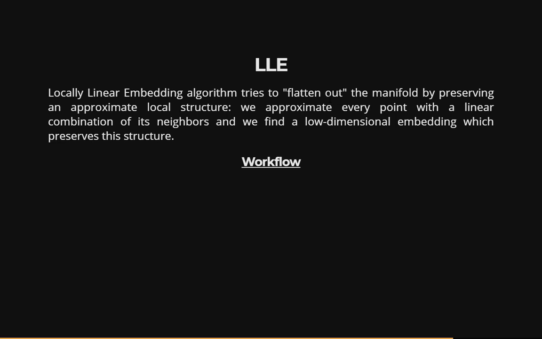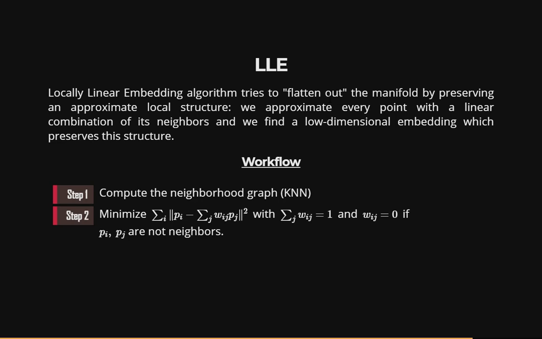So you do this. You compute the neighborhood graph, and you try to write every point as a combination of nearby points, such that the sum is 1 and the coefficient is 0 if they're not neighbors, so if they're not connected. Now, notice that I'm not imposing that the weights are positive, so you could have negative weights. It's not a convex combination, it's a linear combination.